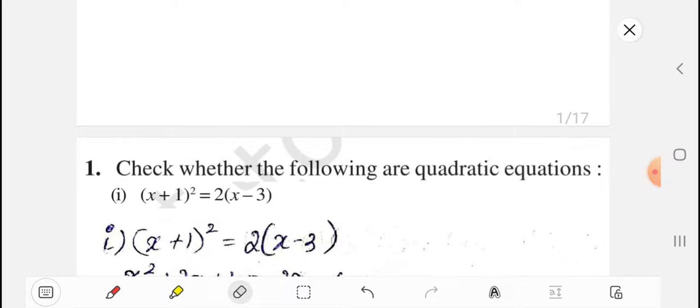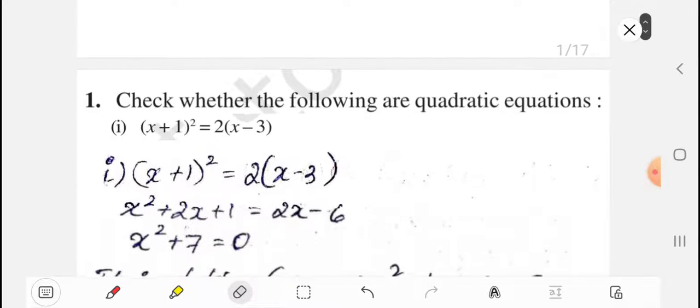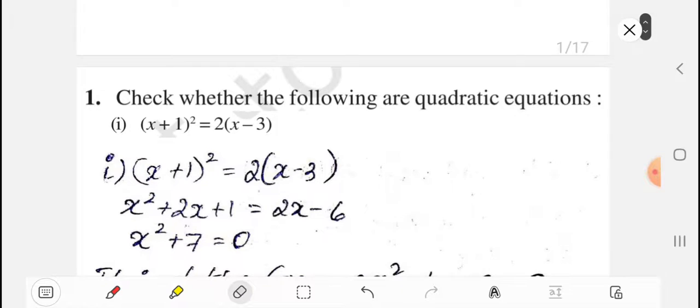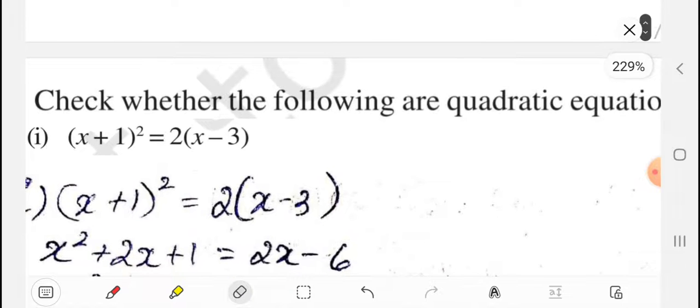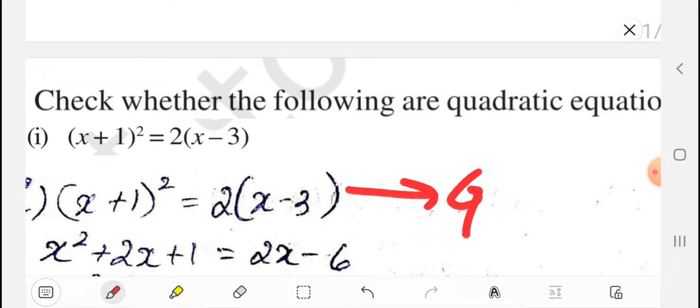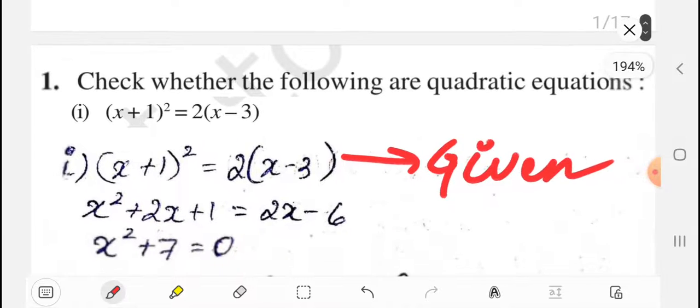So (x plus 1) whole square is equal to 2 into (x minus 3). This is nothing but the part which is given in the question.